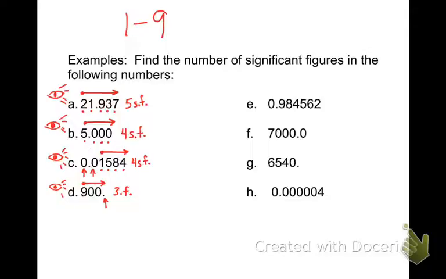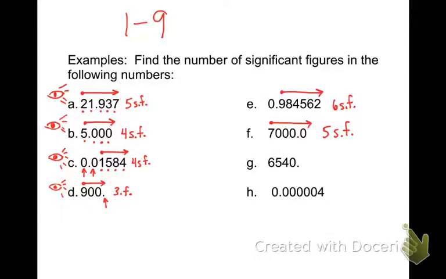So we've got our decimal, it's present, so we're looking from the left side. We're going to place our dot over the first non-zero digit, and we're going to count all of our digits underneath, and we have 6 significant figures. Next one, our decimal is present, so we place our dot over the first non-zero digit, count all of the numbers underneath that arrow, and we should have 5 significant figures here.